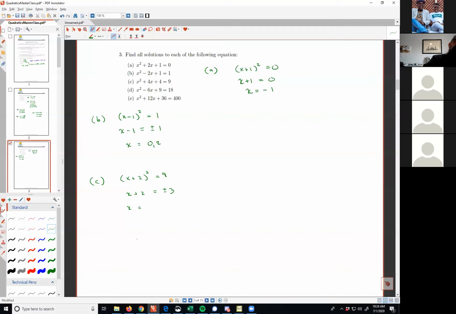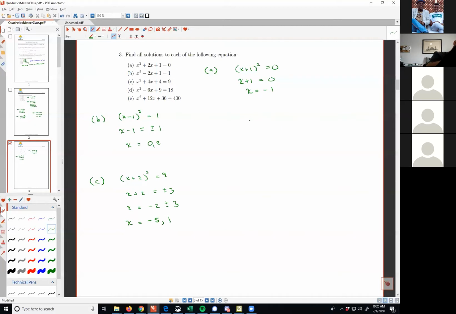And now? We subtract 2, so we have x equals minus 2 plus or minus 3. And what are these solutions, Sneh? Minus 5 and 1. All right, great.